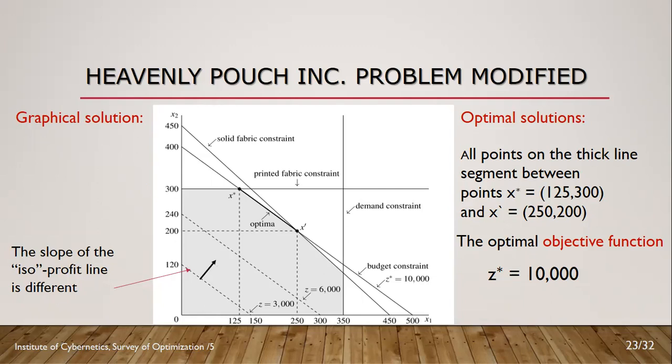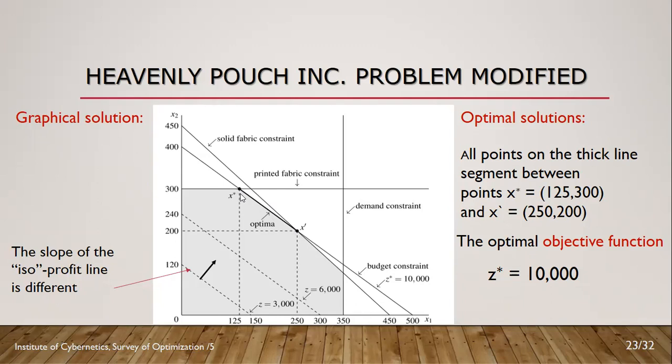And we see, as I explained before, that it is parallel to this constraint, the budget. So we move, and eventually we fall into the segment between x0 and x sub prime.